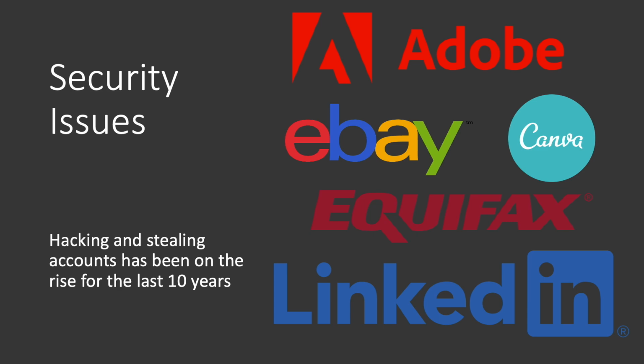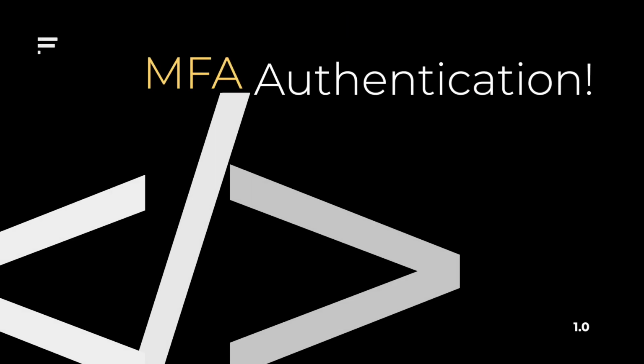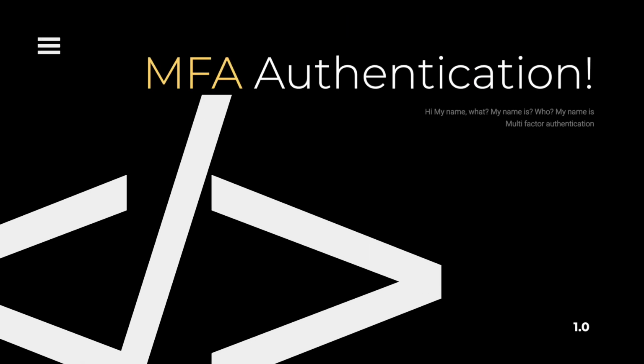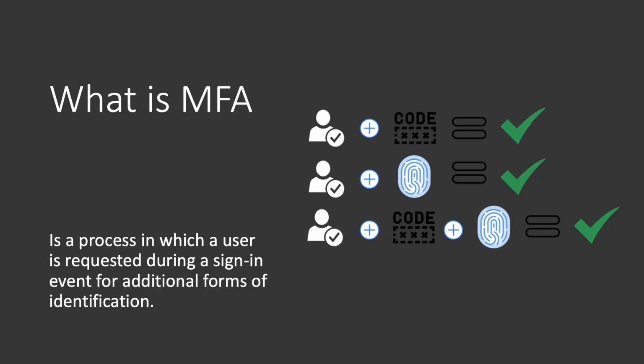So how can we secure our account further and make sure our accounts are secure even if our credentials are leaked online? This is where multi-factor authentication comes into play. So, what is multi-factor authentication? It's a process of identifying a user by a combination of methods, like credentials plus a one-time password, we allow the user to log in, or credentials plus some biometric information.